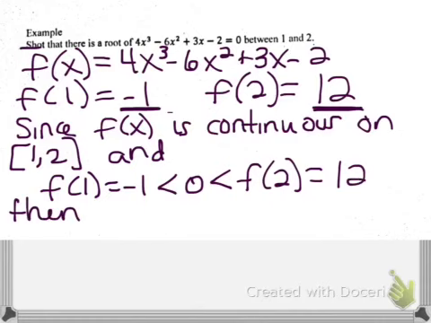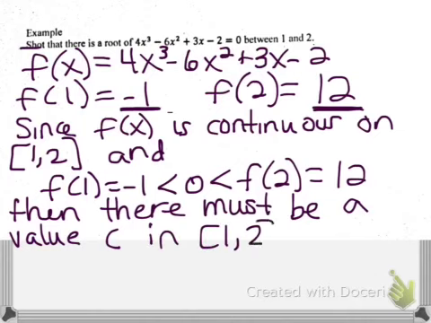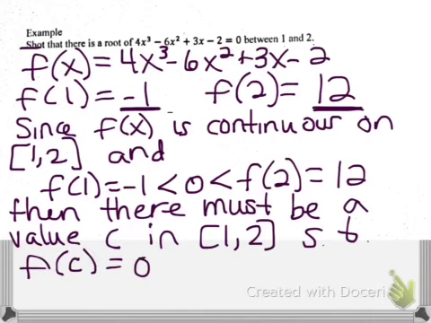Then there must be a value c, we'll call it, in 1, 2, such that f of c equals 0, and why? By the intermediate value theorem, IVT.